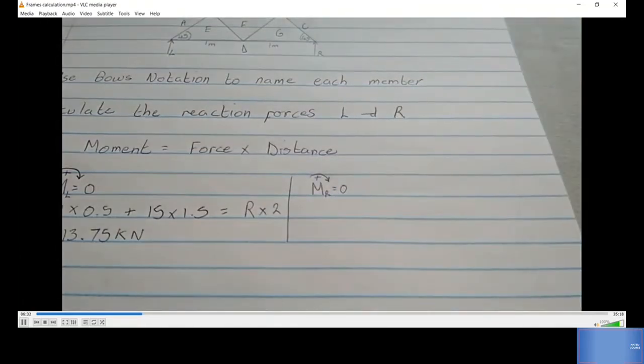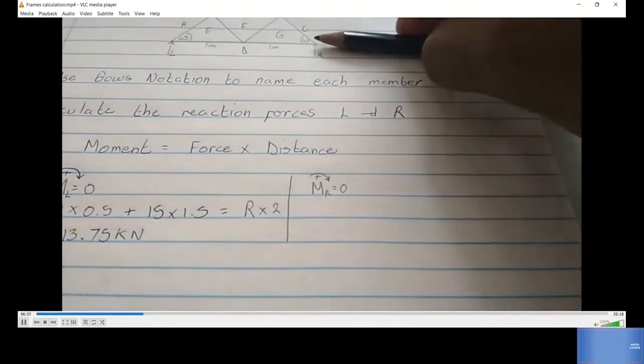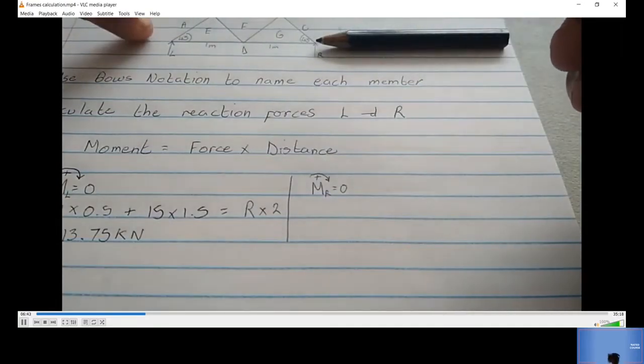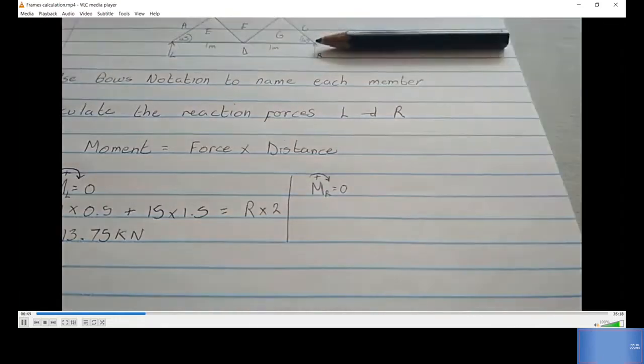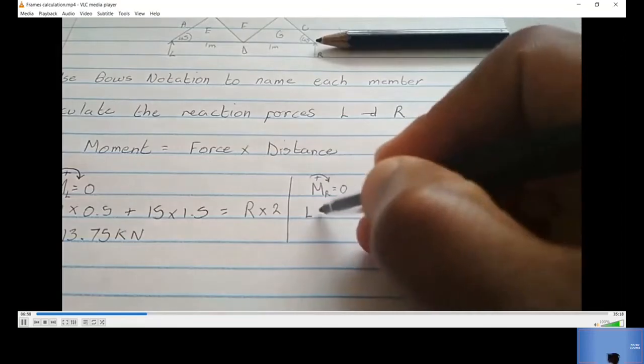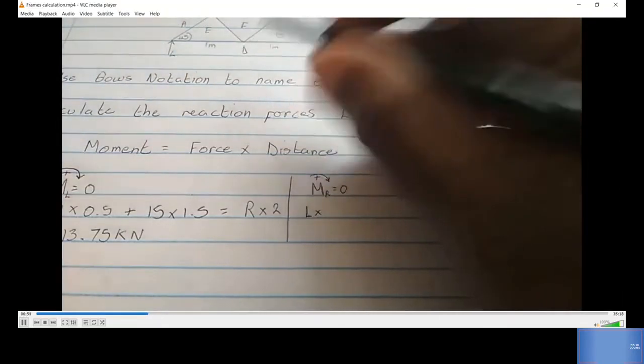Okay, so now we are standing there. We put our pencil there. All right, we're standing there, and it starts this side. We have L, a force of L, and it's at a distance of 2 meters from R.